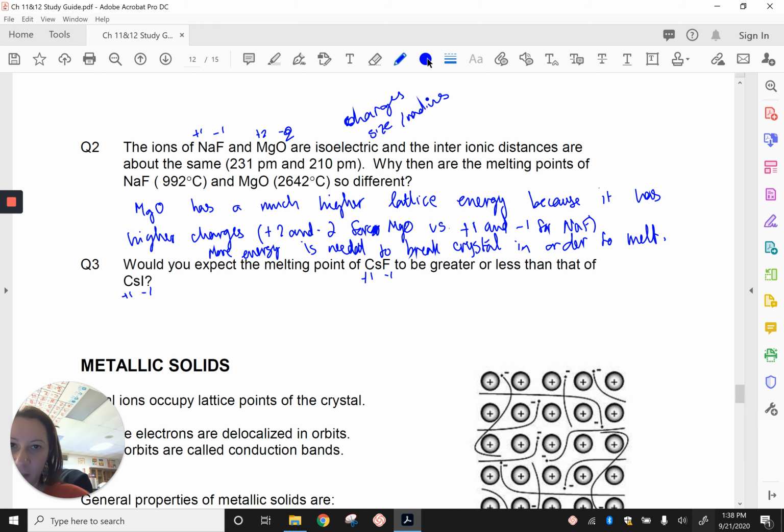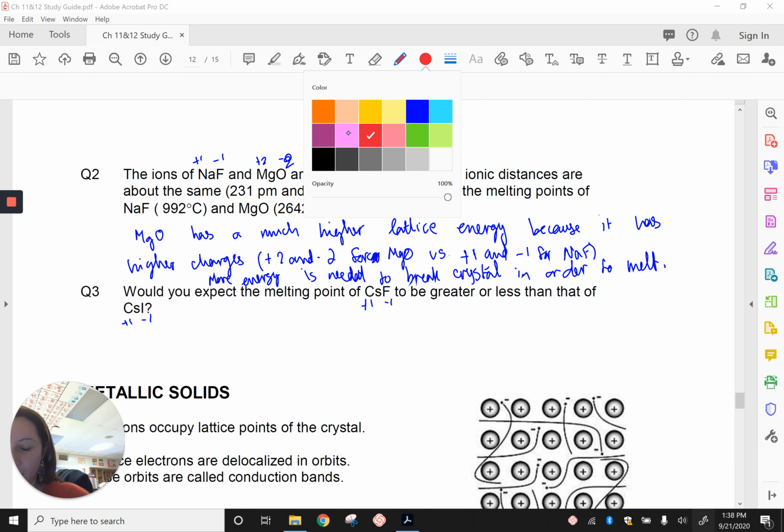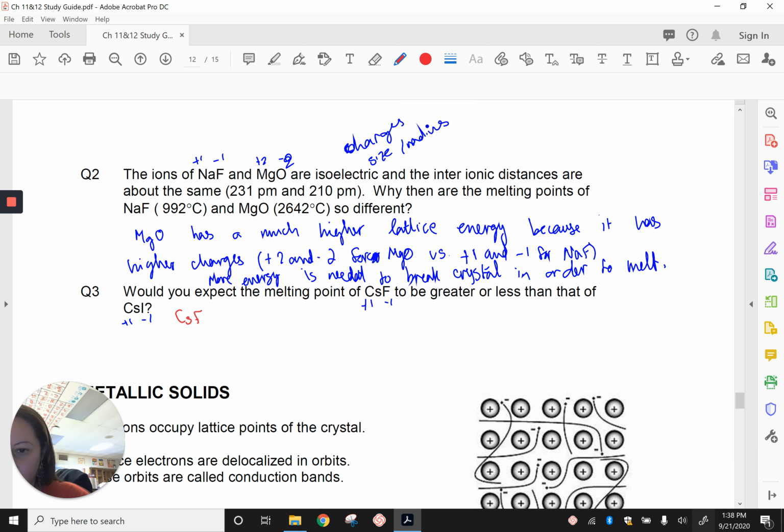So let's write that down. CsF has a smaller size than CsI.